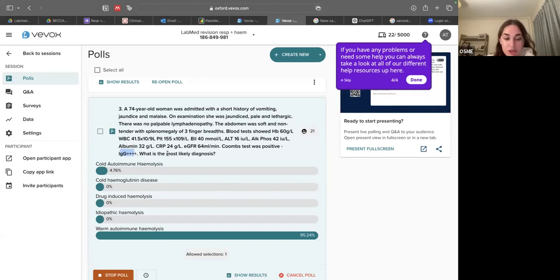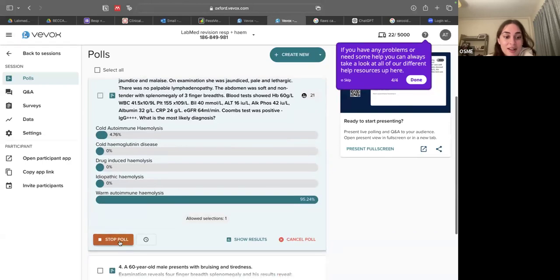So they might flip the question around about temperatures, but the key is that warm autoimmune hemolysis is IgG mediated, whereas cold autoimmune hemolysis is IgM mediated. I'm sorry, I don't have a fancy way of remembering that. I just had to learn it as well.